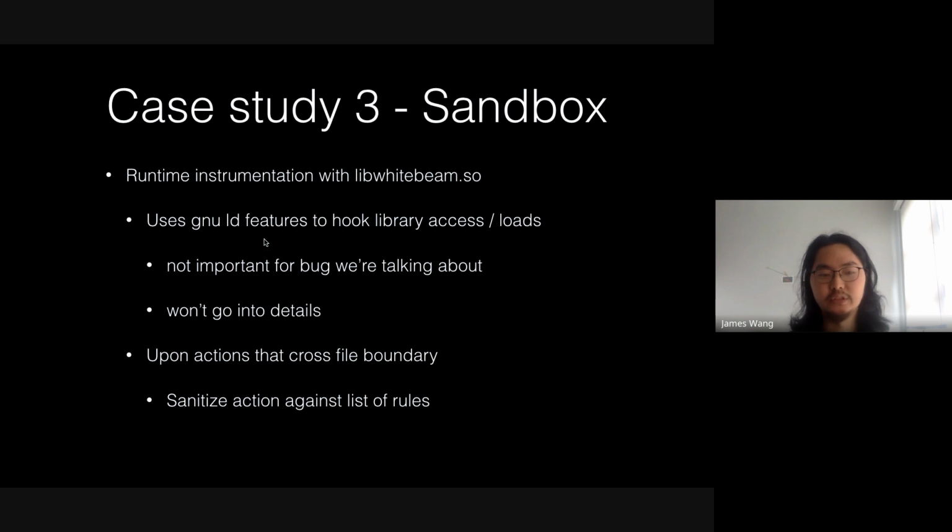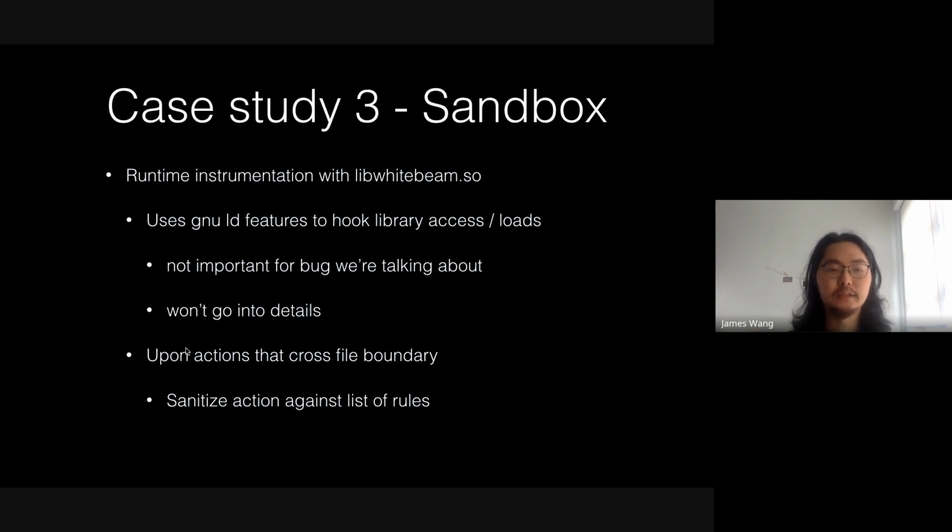We need to use the PLT stub to jump into the loader, which will resolve the function and write it back into the GOT table. It's trying to hook this process and do some checks on the function we're calling, and if it's not reasonable, then it will block it. Okay, that's how Whitebeam works. But we won't go into the details today because that's not the most important part to the bug.